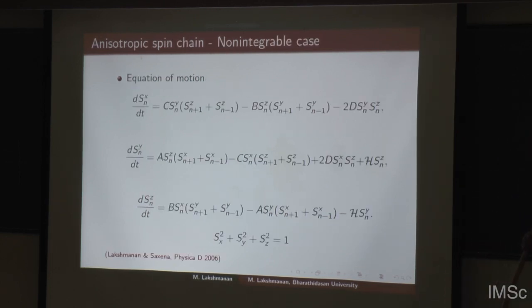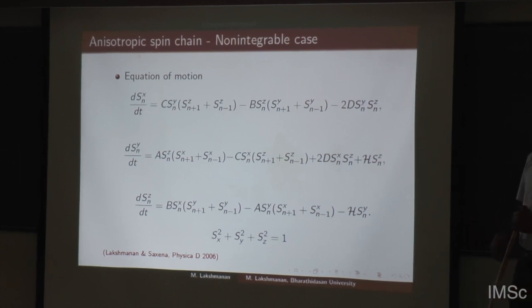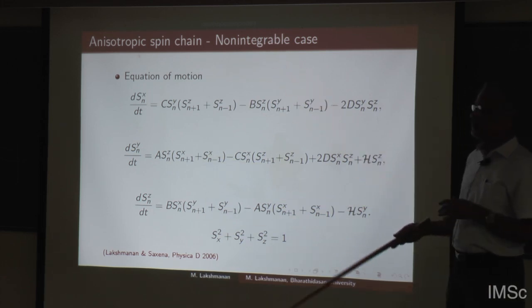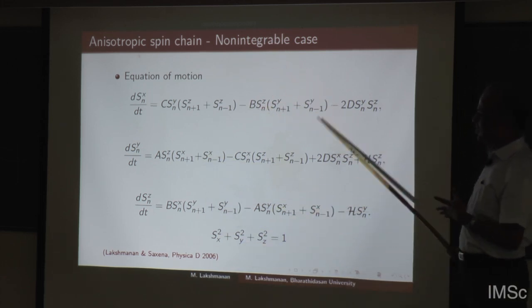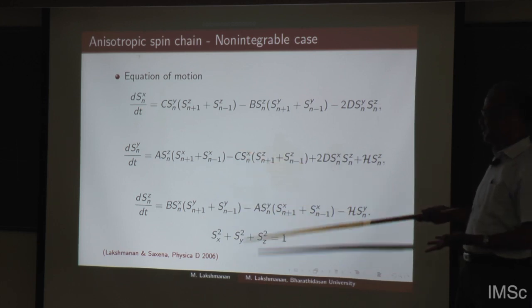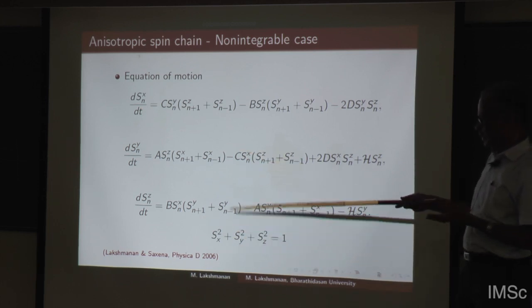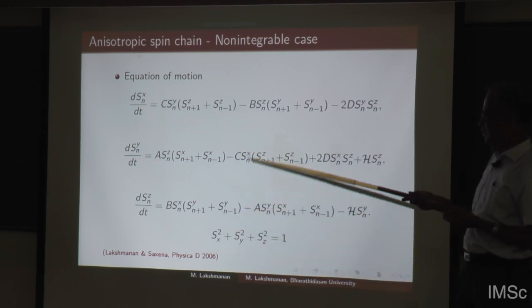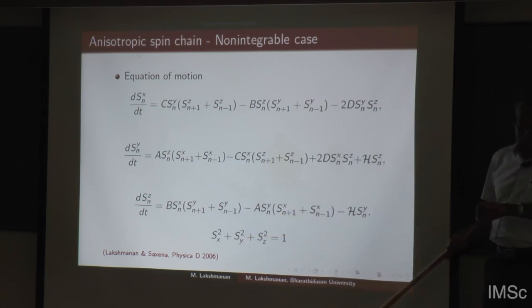Okay. That's the system. Well, there are a lot of further results on non-integrable cases, in the case of anisotropic Heisenberg spin chain, which we have recently deduced in the past 10 years and so on. Perhaps I have 5 more minutes.